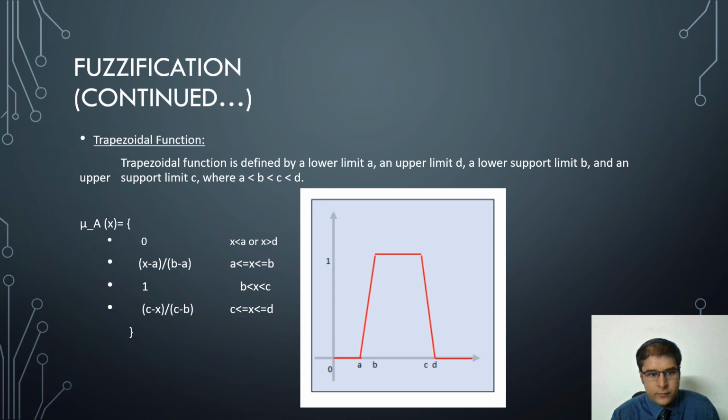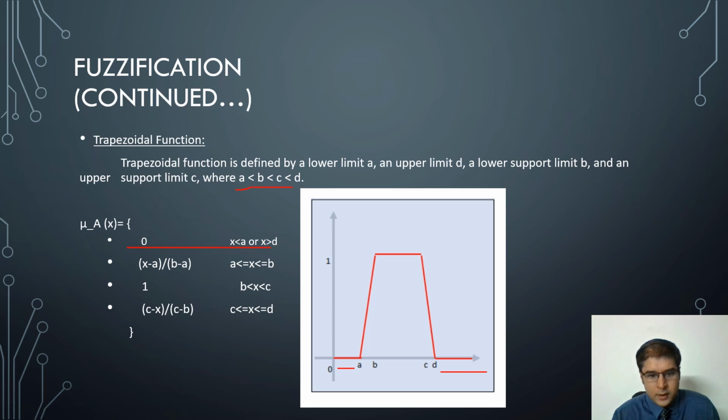The trapezoidal function. The trapezoidal function is defined by a lower limit a, an upper limit d, a lower support limit b, and an upper support limit c, where a is less than b, less than c, less than d. So they lie on a straight line from left to right. It is defined as 0 if x is less than a or x is greater than d, so on the extremes it is 0.